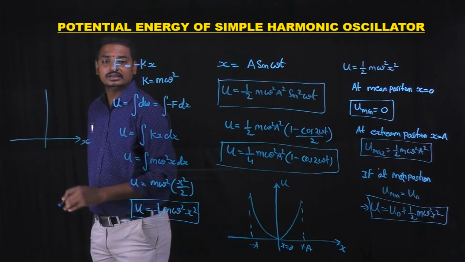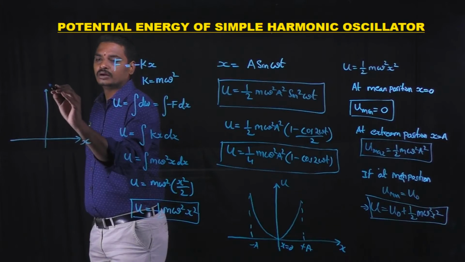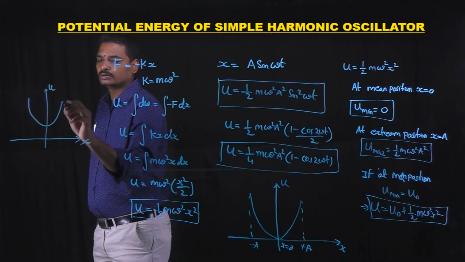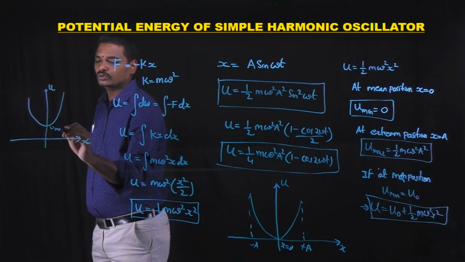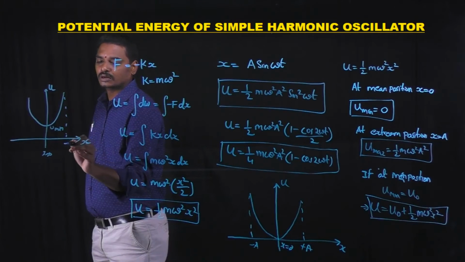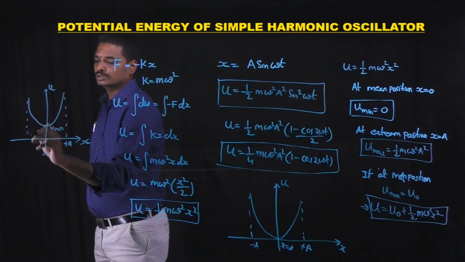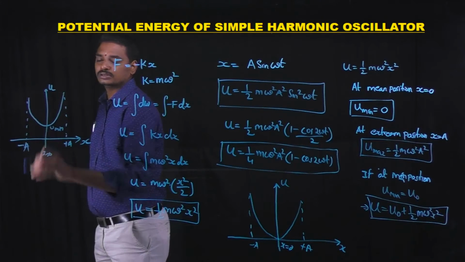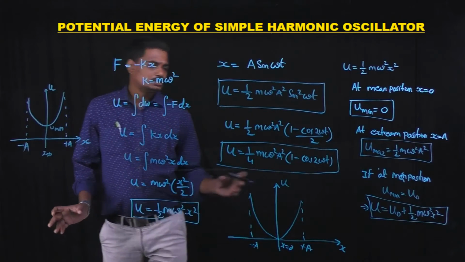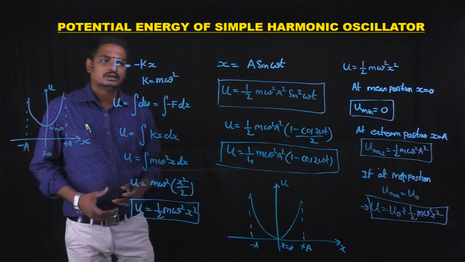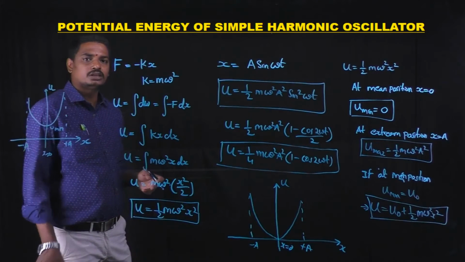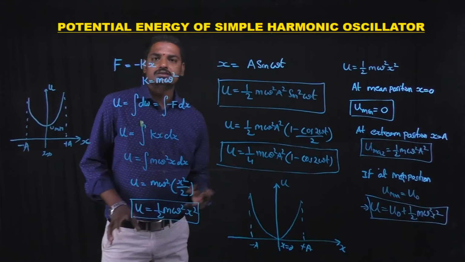On the x coordinate is the displacement x, and on the y coordinate is the potential energy U, and the graph will be in this manner, which is equal to U minimum at x equal to 0, and this is one extreme position plus A, and this is the other extreme position minus A. Okay, so in this manner we can draw the graphs regarding the potential energy of the simple harmonic oscillator.